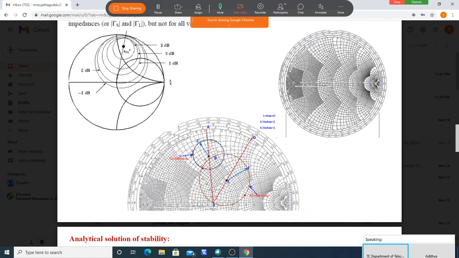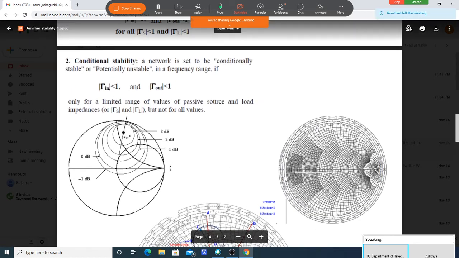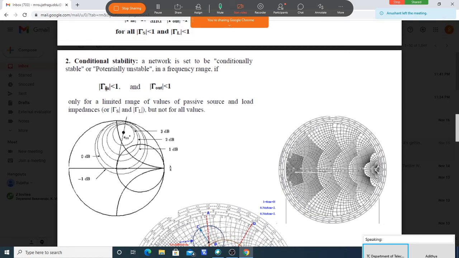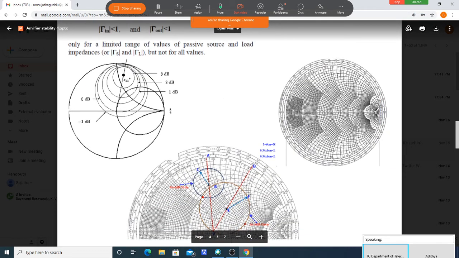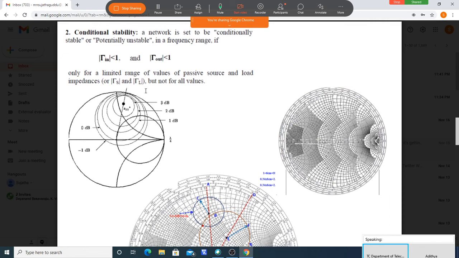So you can choose any value over the circle and always get Γin lesser than 1. Only if you choose the impedance in the upper part, Γin and Γout are lesser than 1. That is called conditional stability.